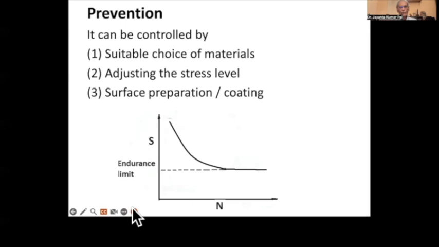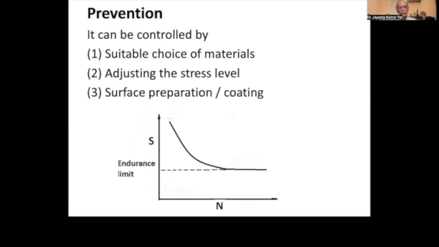So there we choose a material in such a way that its endurance limit is fairly low, so that the stress that is produced at the contact may not affect the fatigue process.